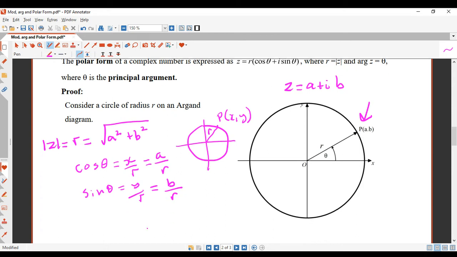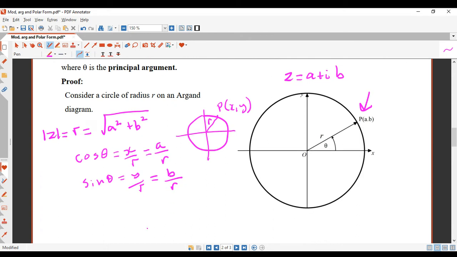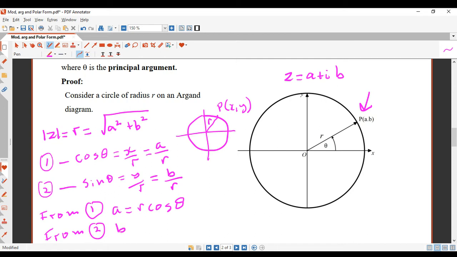Okay, so from those two equations, let's call this equation 1 and this equation 2. From equation 1, I can deduce that a is equal to r cos theta. And from 2, I can deduce that b is equal to r sine theta.